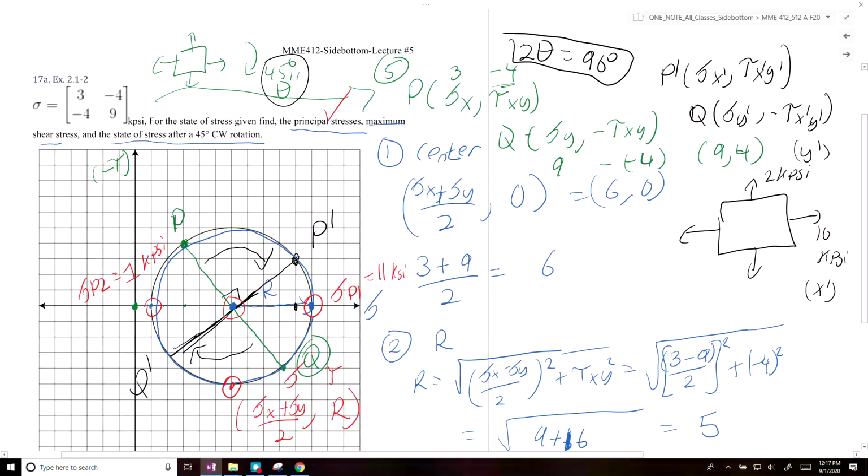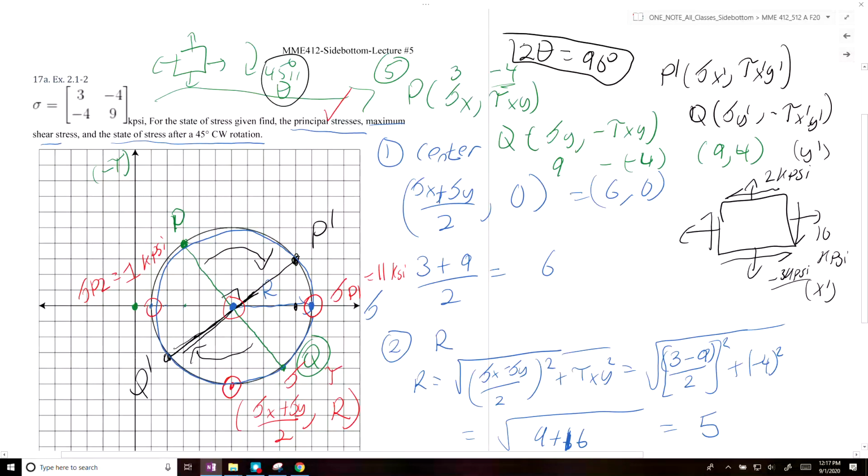And then our tau xy is going to be equal to negative 3 k psi. Okay, so based off of these points here.